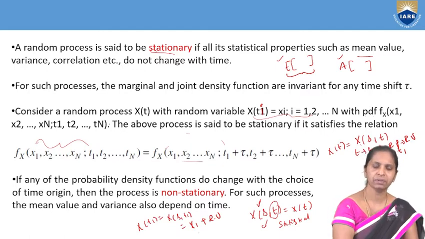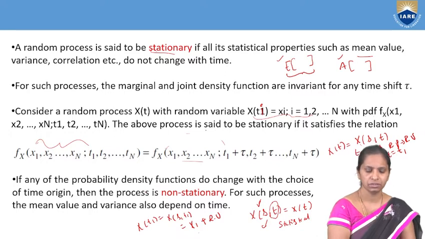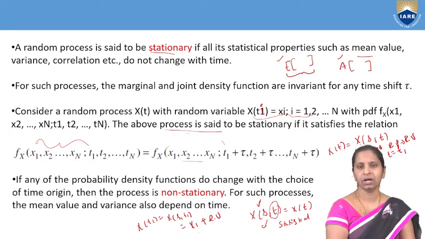So, it means if time is varying, the joint density function is not varying. If the joint density function is not varying, then all the statistical properties like the mean and variances are constants. So the definition is: if the joint density function or the density functions of the random process do not vary with a shifting time, then you can say that the random process is stationary.